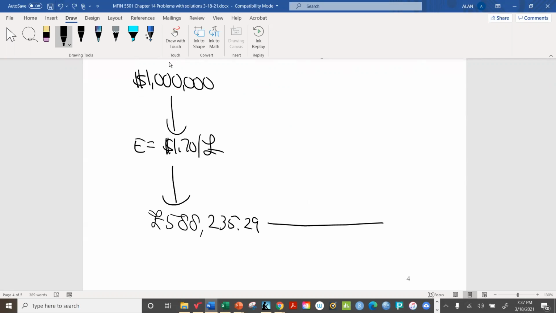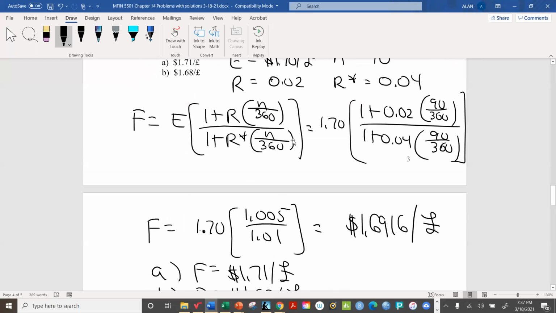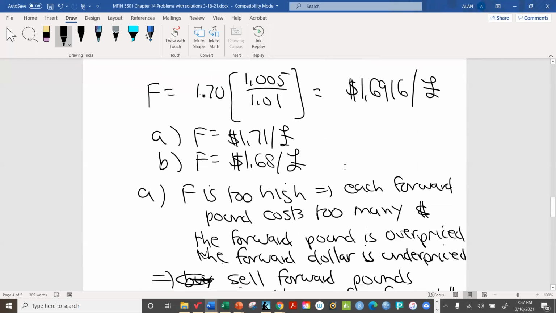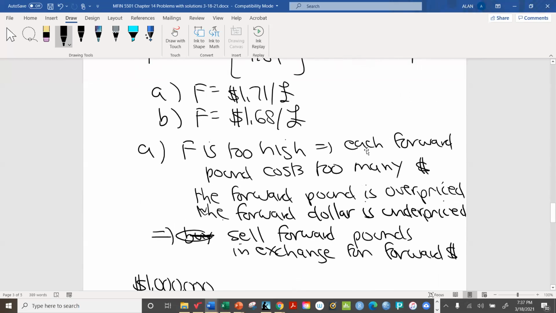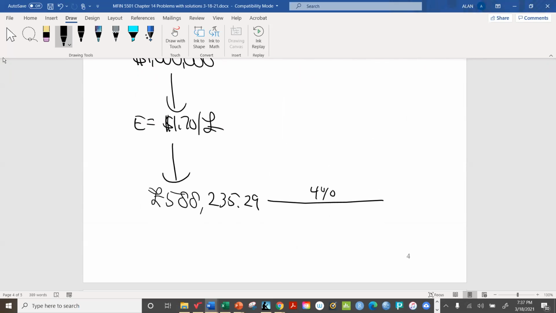Okay, this is the euro sterling market, and you can see that the interest rate in the euro sterling market is 4% right here. But this is only a 90-day investment, because this is a 90-day forward exchange rate. This is a 90-day investment. So we can put that here in the middle to remind ourselves.